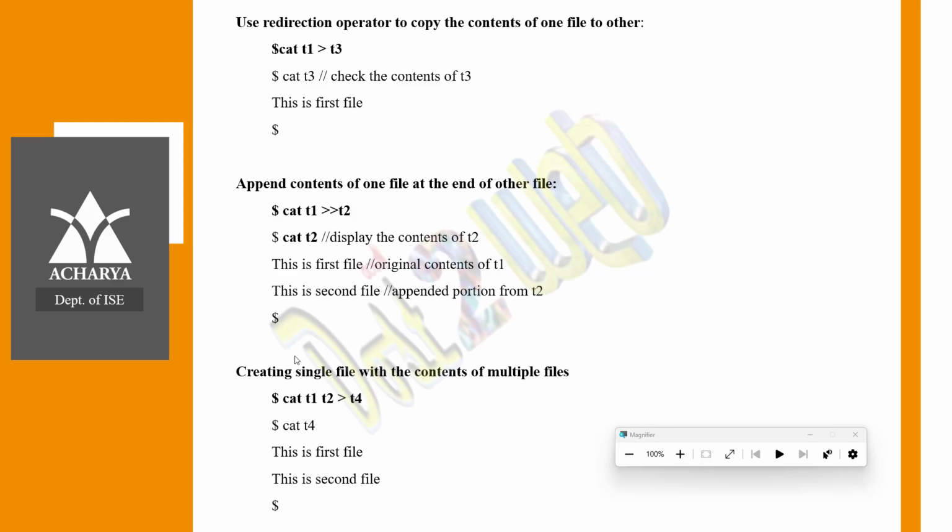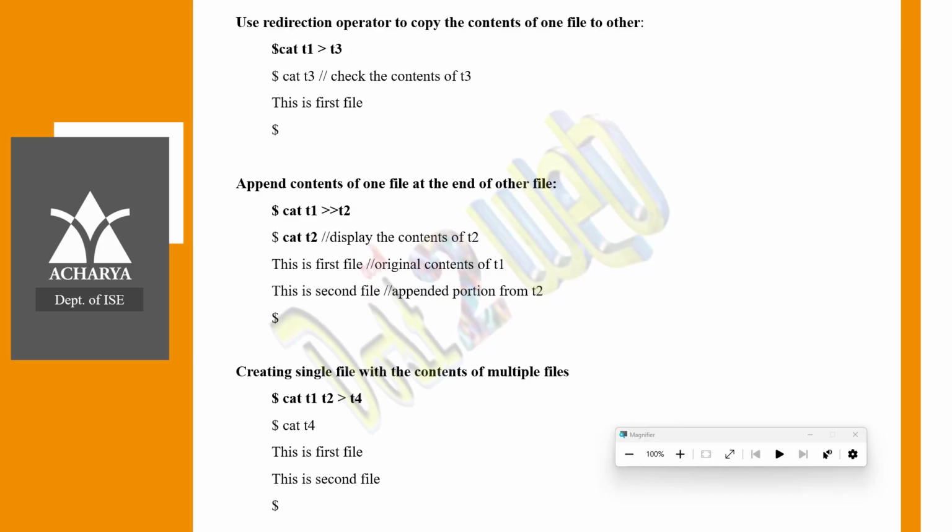Now, if you want to copy the content of one file to another, the syntax is cat file 1, redirection operator, and file 2. It will copy it, then check with cat.